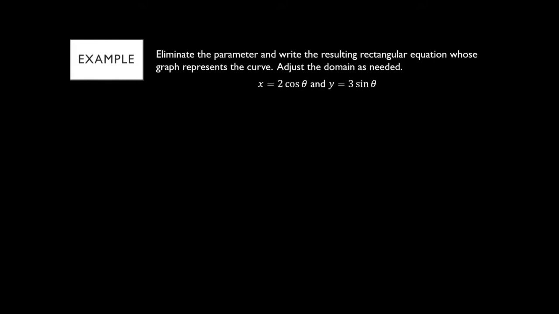Same thing. Now we are going to have equations dealing with trig functions. If you have any parametric equations that involve trig functions, and you try to just solve for theta, you're going to get some really gross stuff that's not going to simplify.